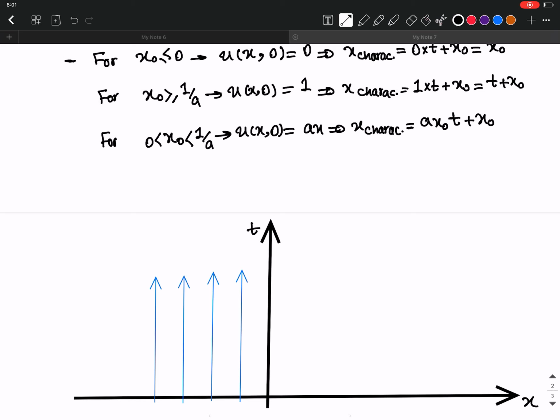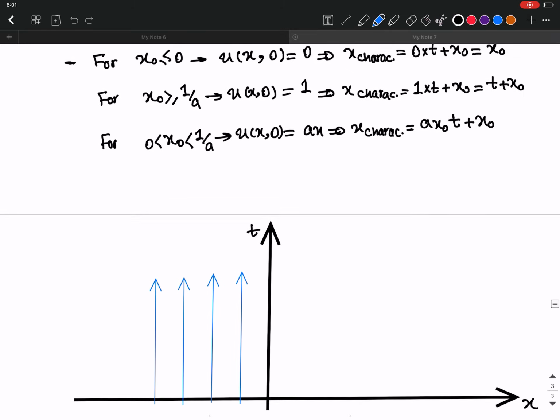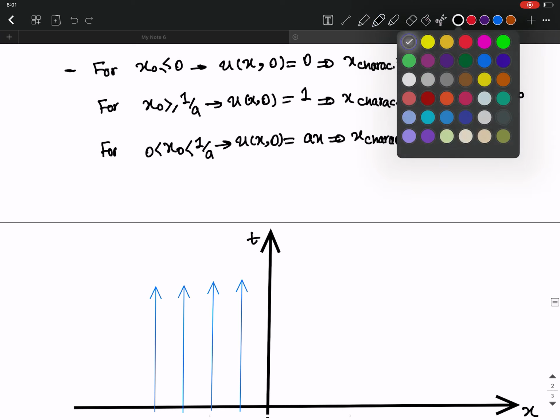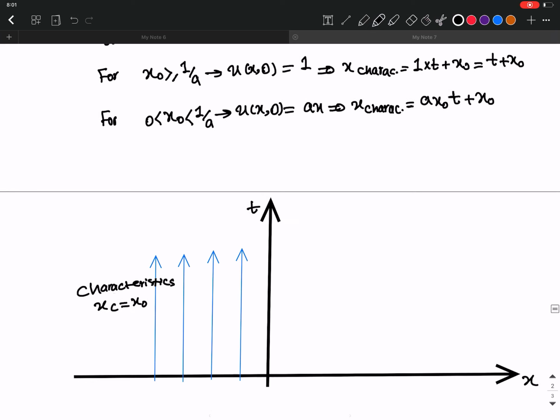And so these are the characteristics, with x characteristic equal to x naught.